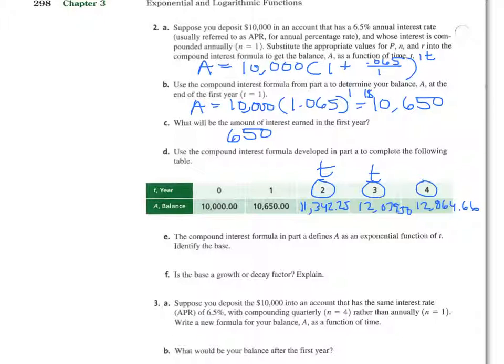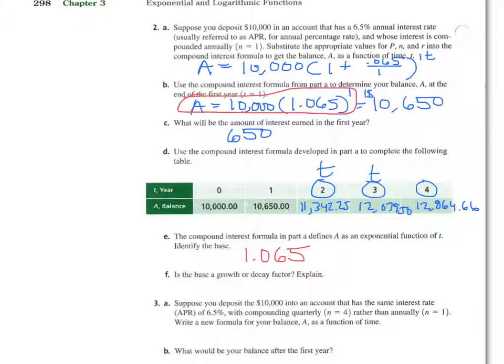Okay, so the compound interest formula in part A defines A as an exponential function. What is the base? In this case, if you look at the formula I wrote, I'm going to circle it in red, this right here. What was our base? Our base was 1.065. It was that way only because n was 1 in this case.